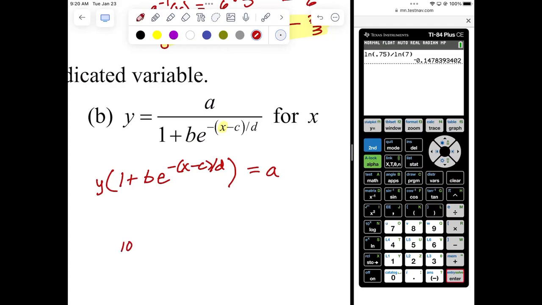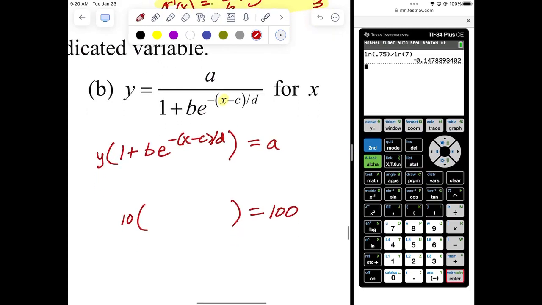Like if y were 10 and a were 100, would you divide both sides by 10? Yeah, because 100 divided by 10 is 10. But what if it were, instead of a 10, what if it were 11? Would you divide both sides by 11? Probably not, because now you're carrying around 11ths, which doesn't work. So with numbers, we can inform ourselves what to do a little bit more wisely.